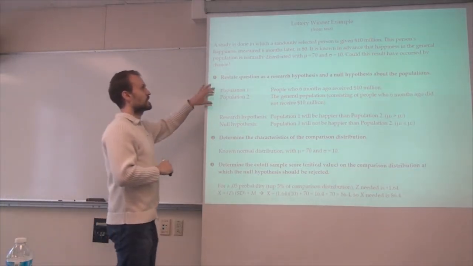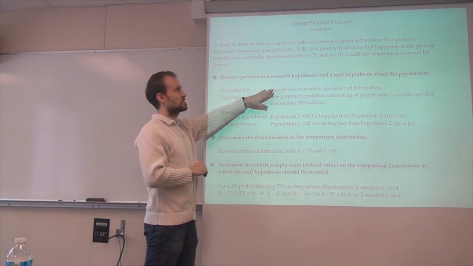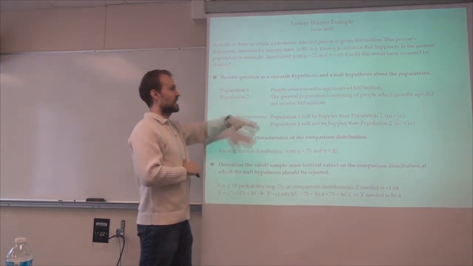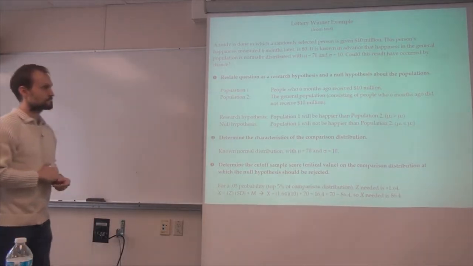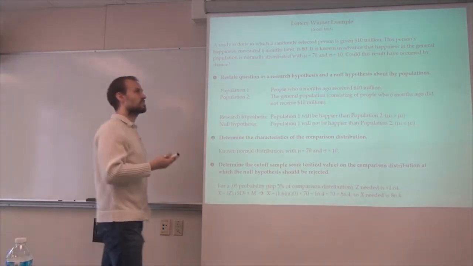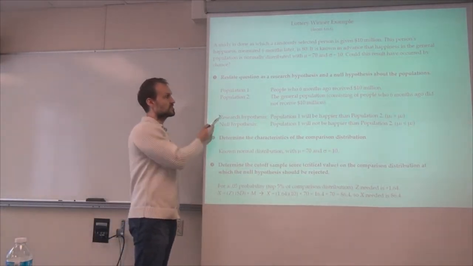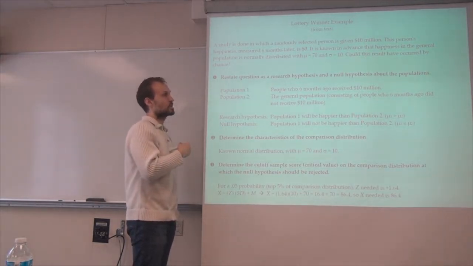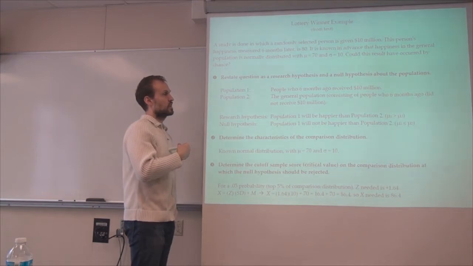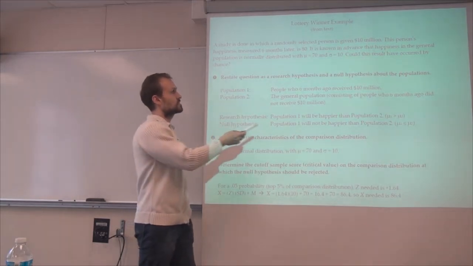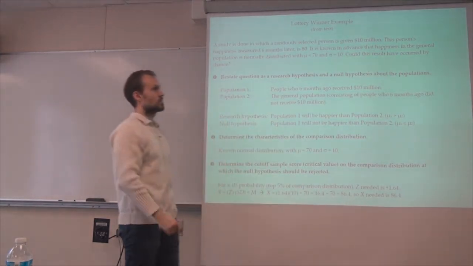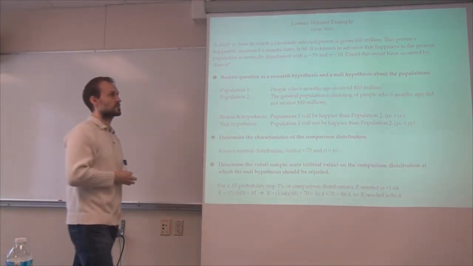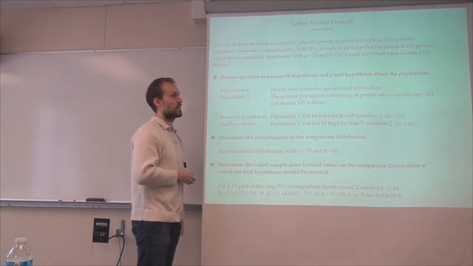So my two populations in question are people who got $10 million 6 months ago and people who did not. What am I hoping for? The research hypothesis is what I'm hoping to prove: that this person, or in general, people will be happier with the $10 million 6 months down the line.